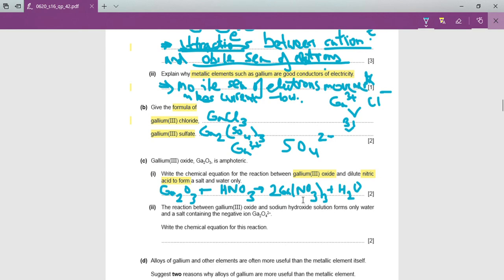Actually, you have 6, since you have 3 N directly, and then you have to multiply by 2. That means this has to be 6 in order to balance the nitrogens. And if you double check that, you have to put a 3 here as well.